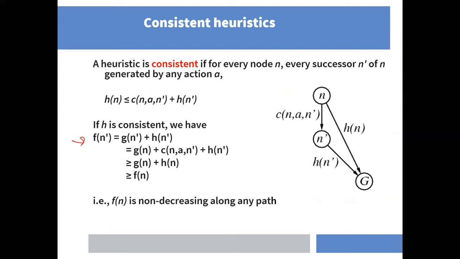So we're going to substitute g(n') with this value, since g(n') is actually g(n), the cost to n, plus the step cost from n to n'.